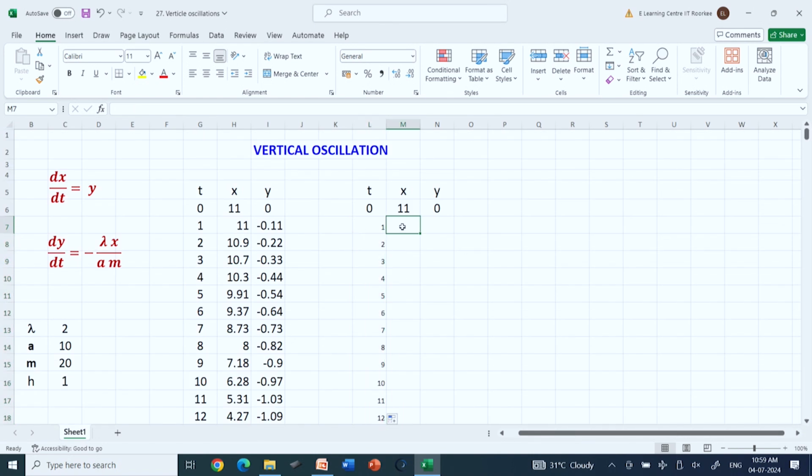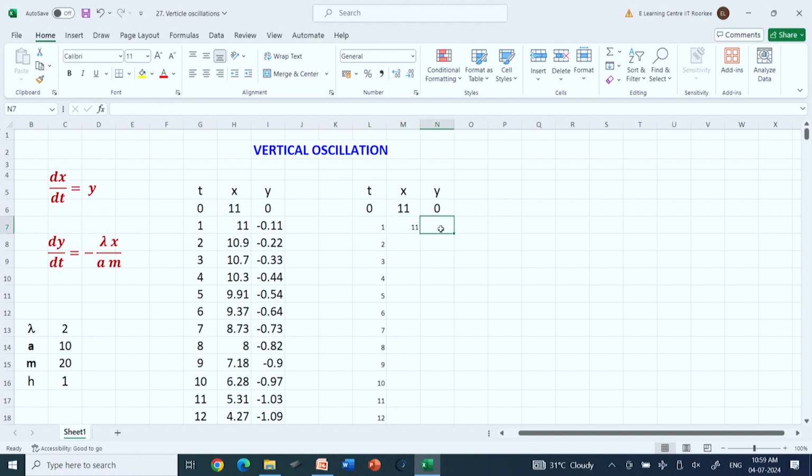Next, we calculate this x. We are solving this equation, so x is equal to x0 plus h, which is a constant, multiplied by y. Similarly, we calculate y.